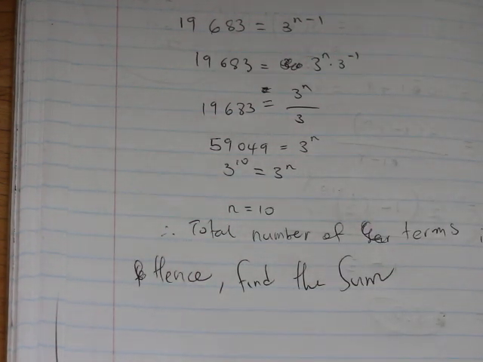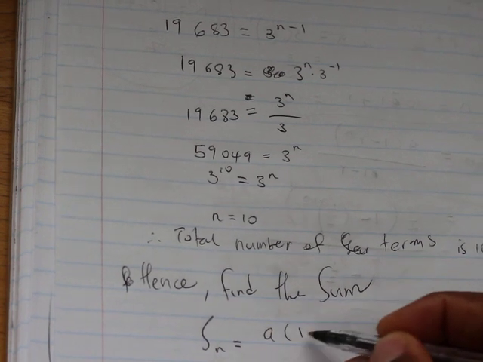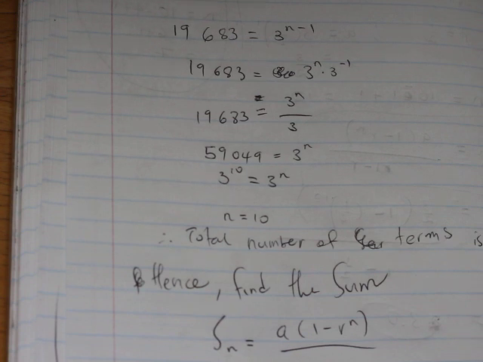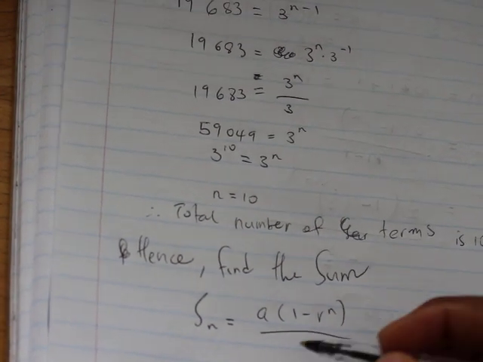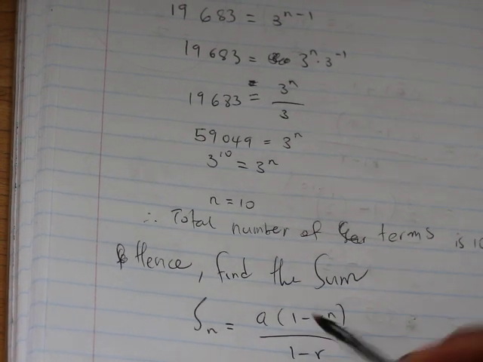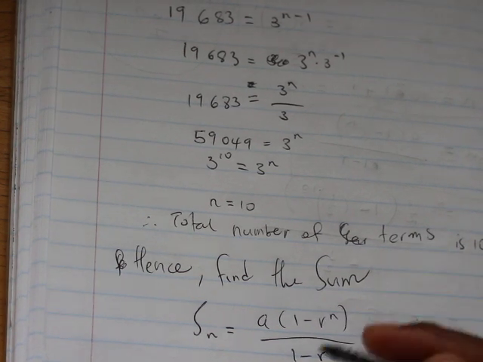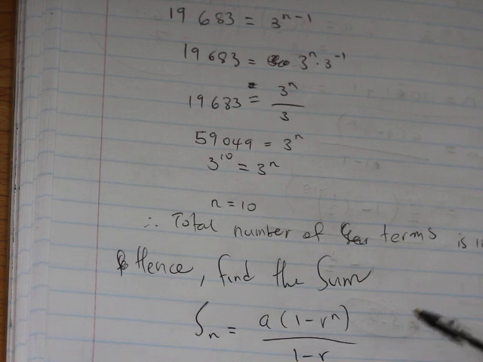Find the sum. So we know that Sn is given by a into 1 minus r to the n. Remember I said forget the other formula, we're using only one formula for finding the sum. So this is divided by 1 minus r. Make sure that your things are consistent. When you say 1 minus r to the n at the top, in the denominator you must also say 1 minus r.